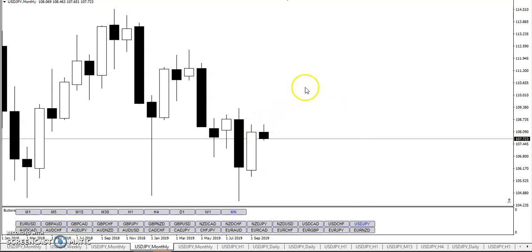The only indicator on the chart is just the changer. So there's nothing esoteric, nothing complicated here. We're just looking at a monthly chart, but we see the previous month was an inside bar and price failed to break out of it. So it hit that high and reversed. So this is on the monthly.